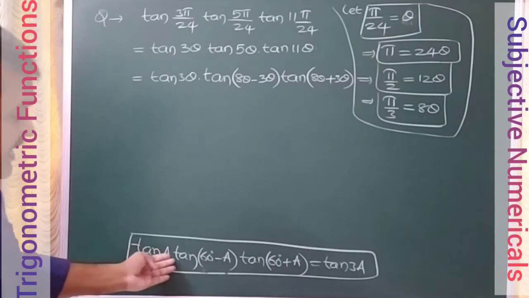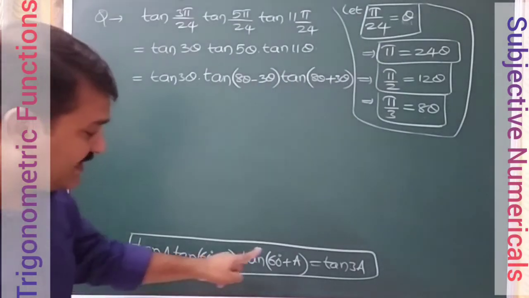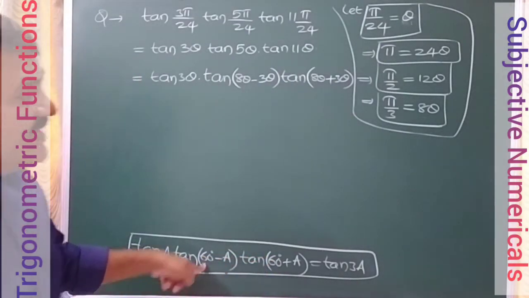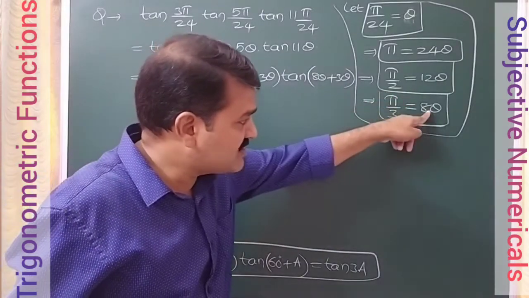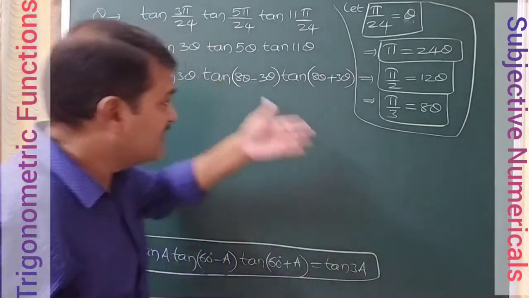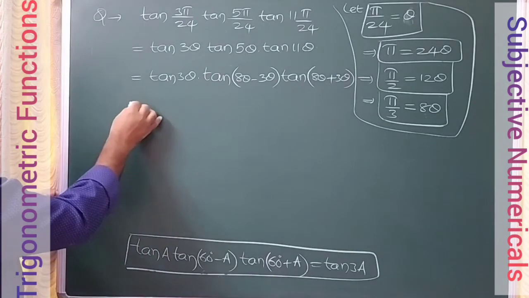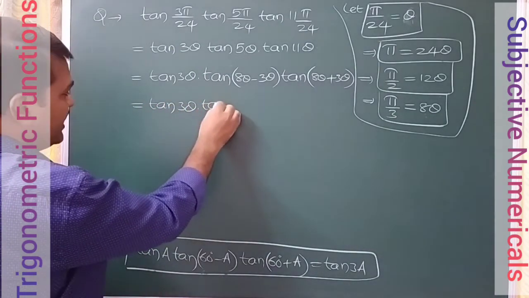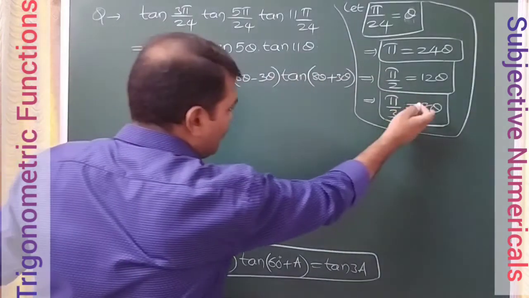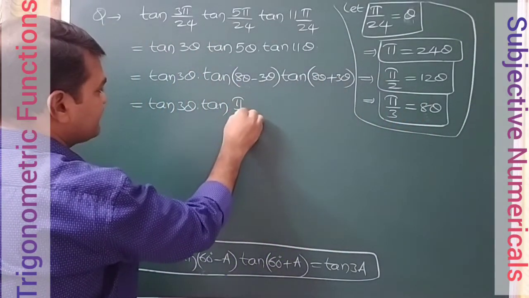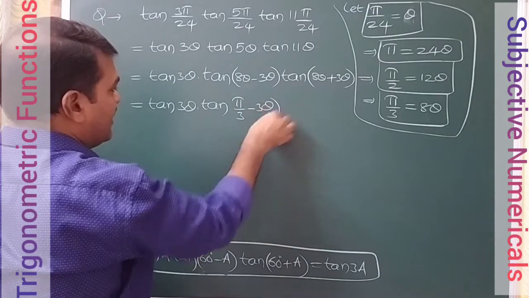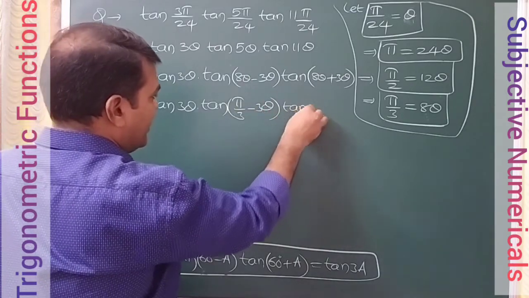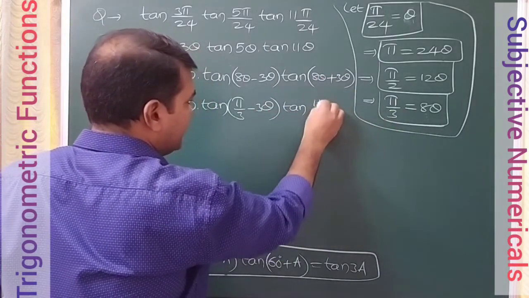Basically, for getting the formula we should express in terms of 60 degrees, which means in terms of 8 theta, and that is what I did. So now this is tan 3 theta, tan of 8 theta minus 3 theta, where 8 theta means pi by 3, and tan of 8 theta plus 3 theta, again where 8 theta means pi by 3.